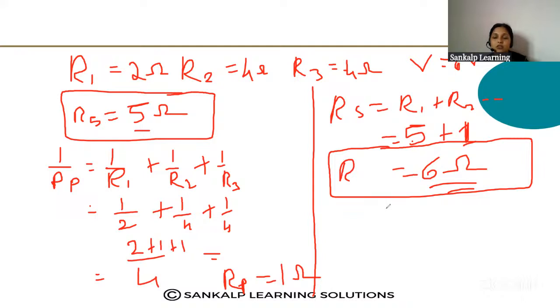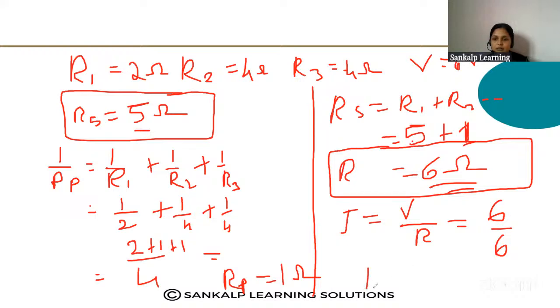So what is the question? You have to find the total resistance of these resistors, that is 6 ohm, and you have to find the current flowing through this resistor. I is equal to V by R. What is the value of V? That is 6, and R is also 6.